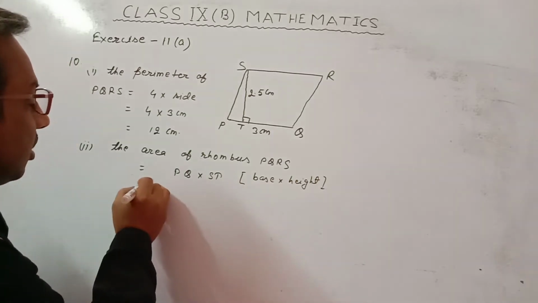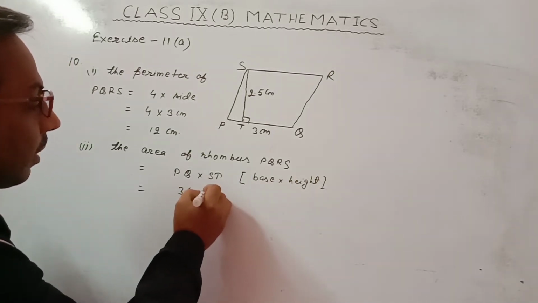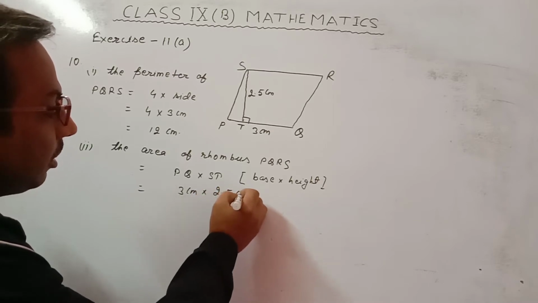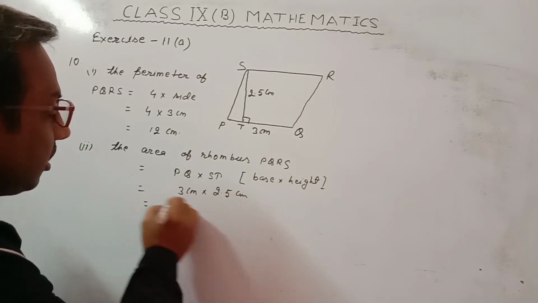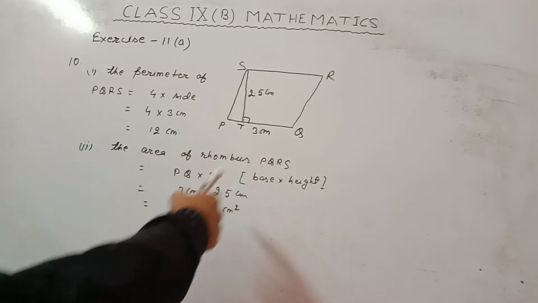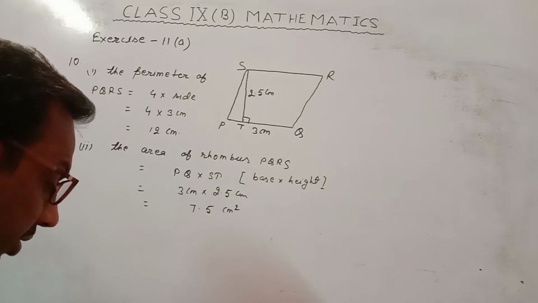So base is 3 cm and height is 2.5 cm. Multiply these two, you will get 7.5 cm square. So area of rhombus PQRS became 7.5 cm square.